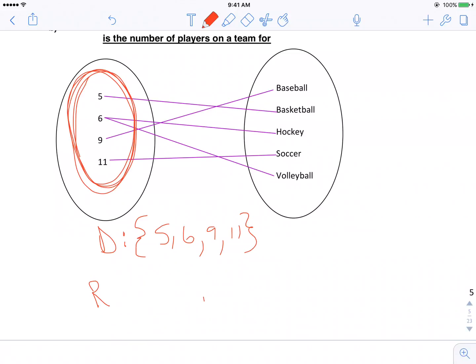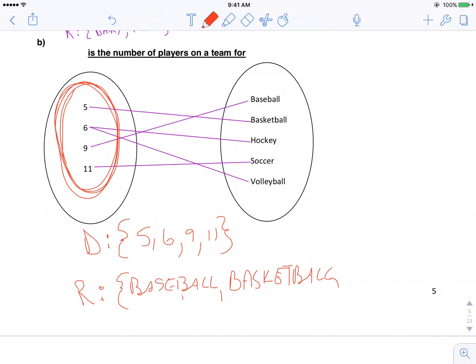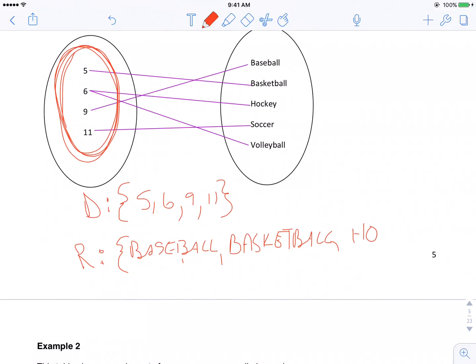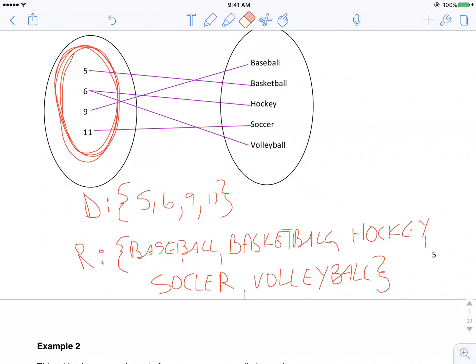My range would be baseball, basketball, hockey, soccer, volleyball, of course separated by commas, and bracket. There. Those are my range values, this second set of elements.